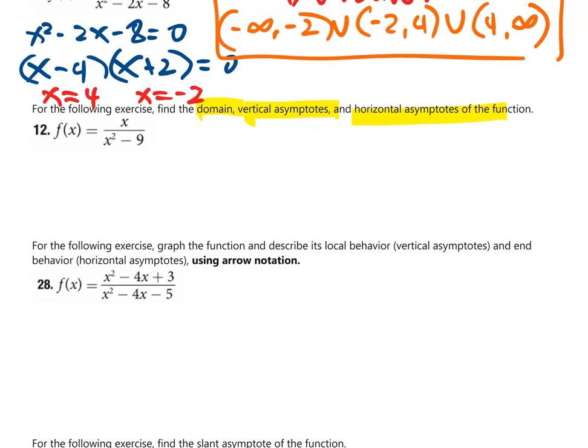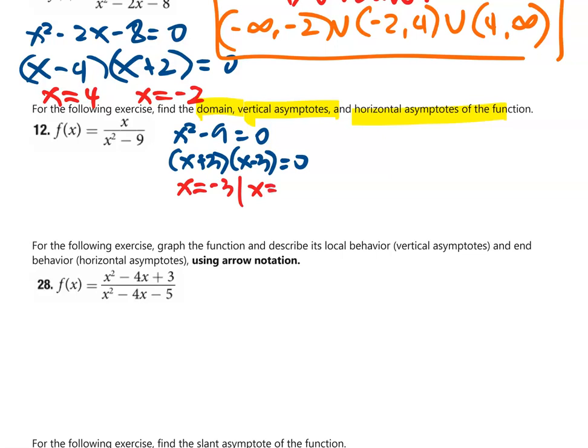That's the first step. x squared minus 9 is equal to 0. x squared minus 9 is factorable, so (x plus 3)(x minus 3) is equal to 0. So you have x equals negative 3 and x equals 3 when you set each factor to 0. So from here you can write your domain. So the domain is, where do I write the domain?